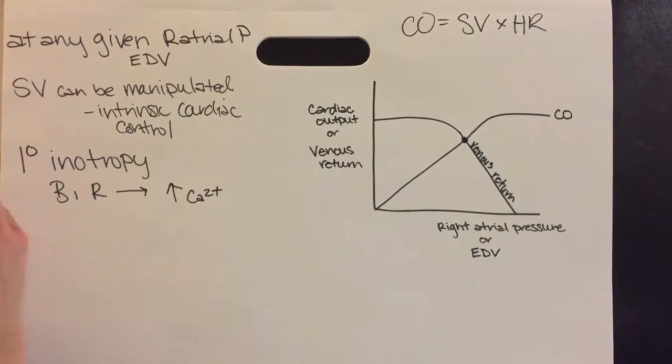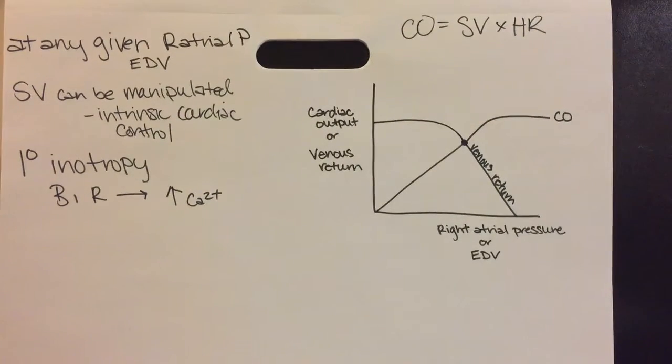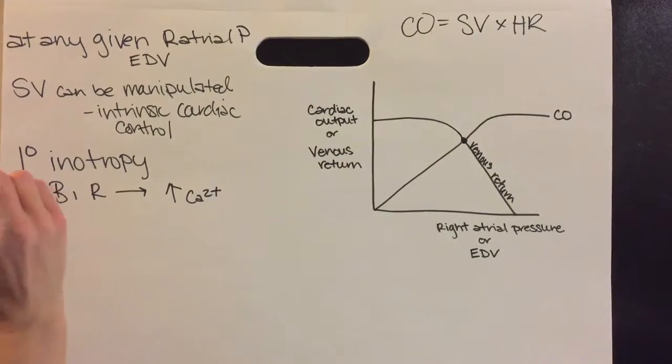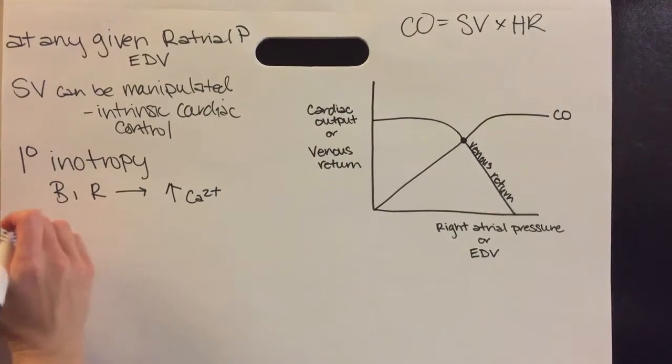So right atrial pressure, we go back to talking about our preload and how it relates to our cardiac output, as well as our afterload.